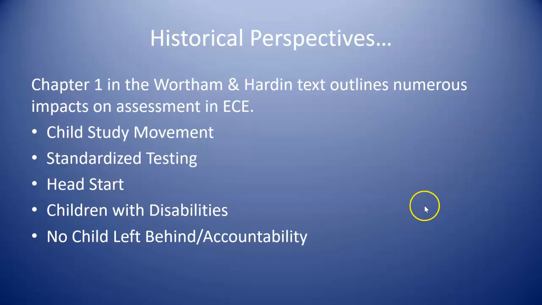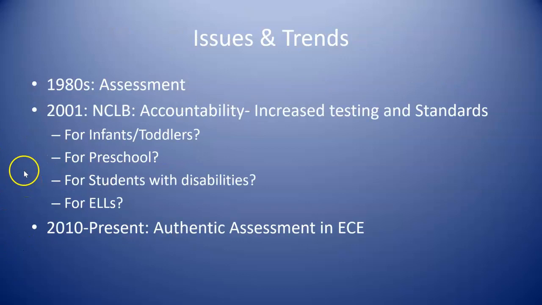And over time, a number of different programs and laws have come and gone related to assessment. Some of the issues and trends in assessment that were identified in your textbook, we're thinking about the 1980s when assessment became more commonplace in our educational system as the special education laws were passed in the late 70s.